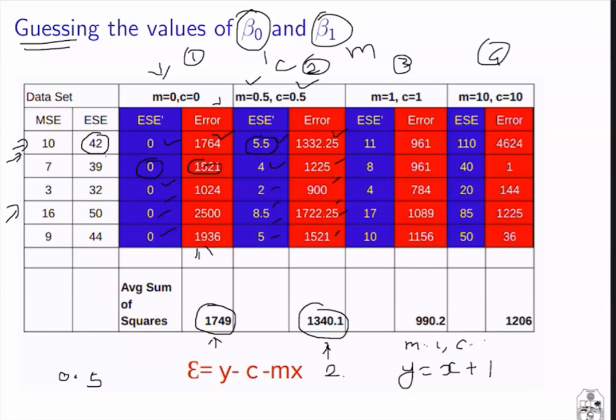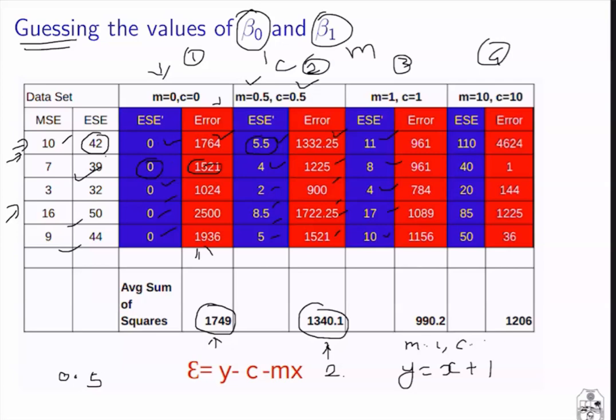So the end semester examination marks are nothing but the mid semester examination marks with 1 added. In the first case 10 becomes 11, 7 becomes 8, 3 becomes 4, 16 becomes 17, and 9 becomes 10. This is the equation I used to predict the end semester examination marks.